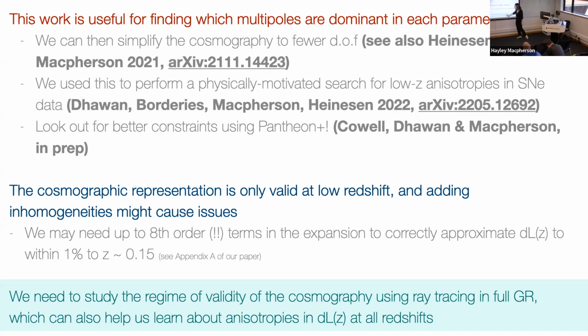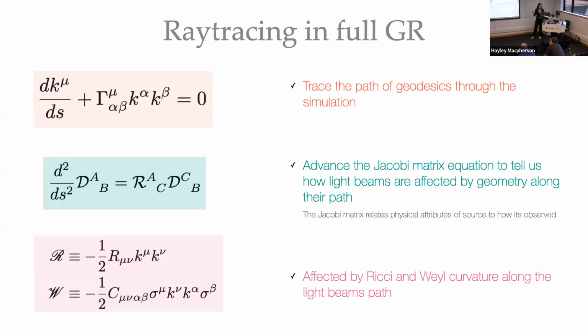One thing that we can do is use ray tracing in full GR. This can allow us to both study the validity of this series expansion while also learning about anisotropies at all redshifts, without being constrained by the approximations in this series. I'll just spend a few minutes going over what I mean by this.